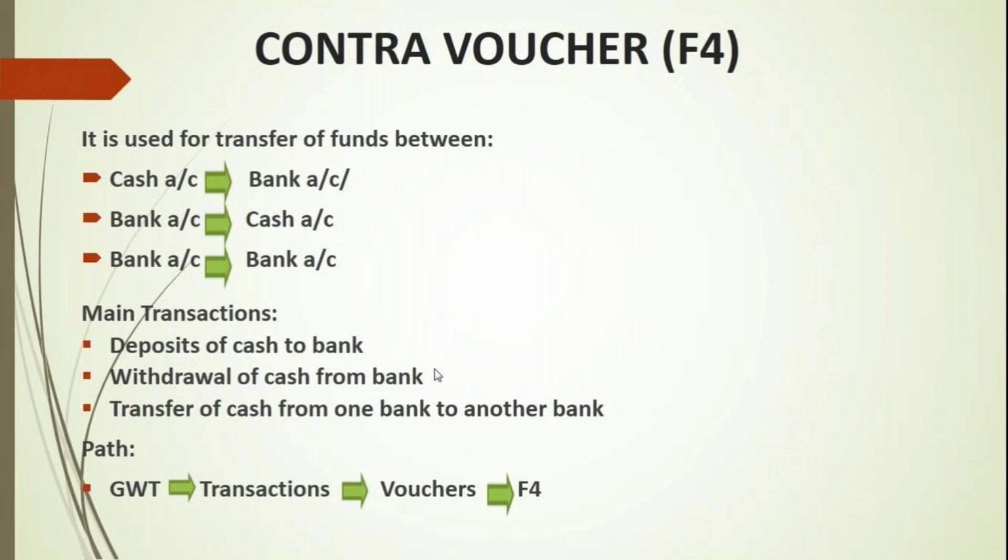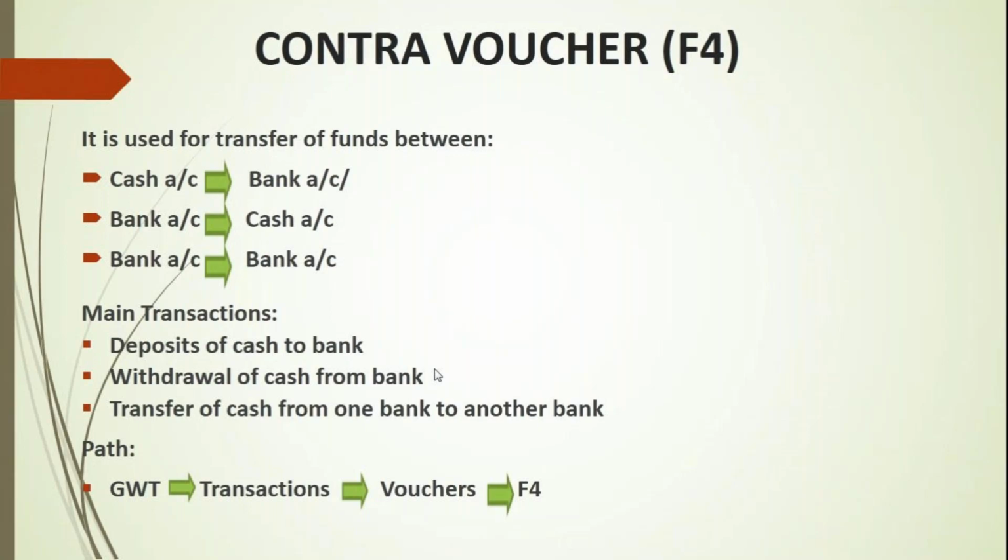Contra voucher doesn't allow a user to pass any other entry. It will restrict you. Even if by mistake you want to create an expense ledger or any income ledger, it will not allow you to pass the voucher. It will caution you there.